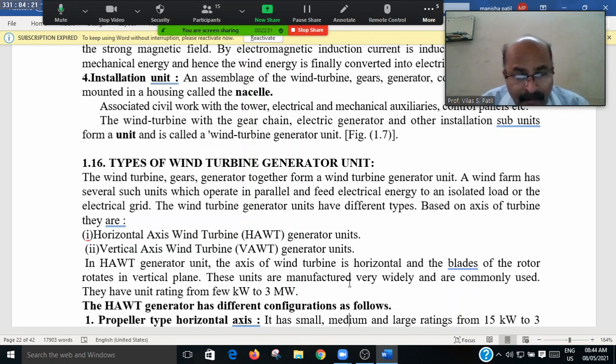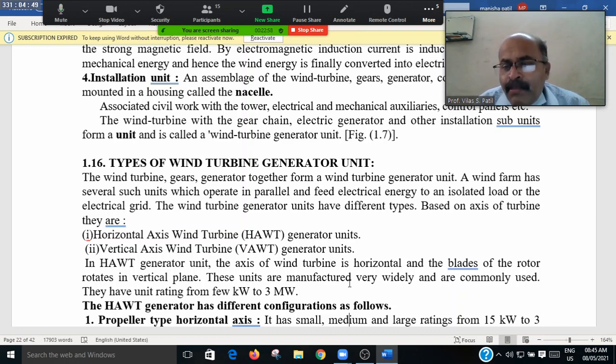The wind turbine generator unit has different types. One is the HAWT, the horizontal axis wind turbine, and the other is the vertical axis wind turbine generator unit. In the HAWT generator unit, the axis of the wind turbine is horizontal and the blades of the rotor or hub rotate in a vertical plane.